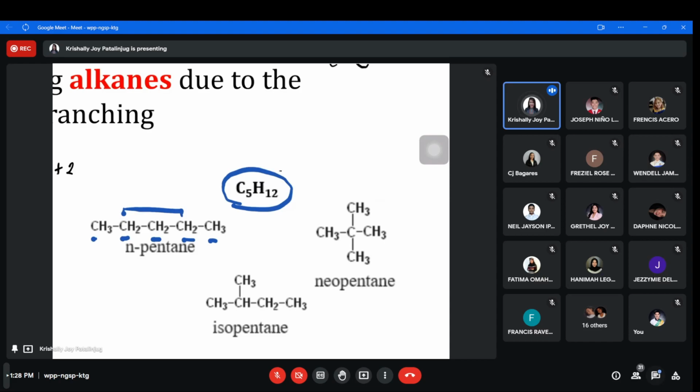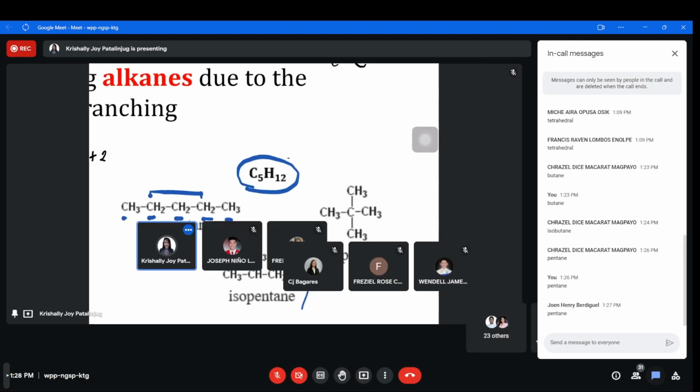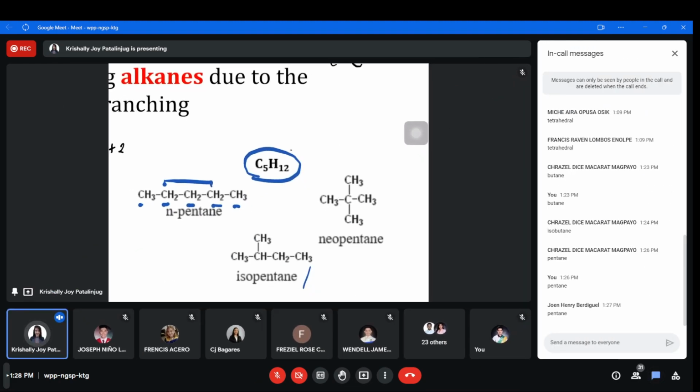Now, let me ask you, what is the systematic name of isopentane? The systematic name is the name of the alkane following the IUPAC rules. How do you name that? What is the name of this alkane? The parent chain is butane.